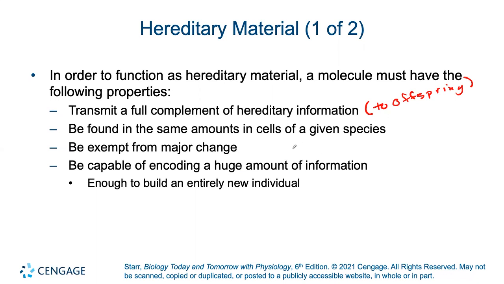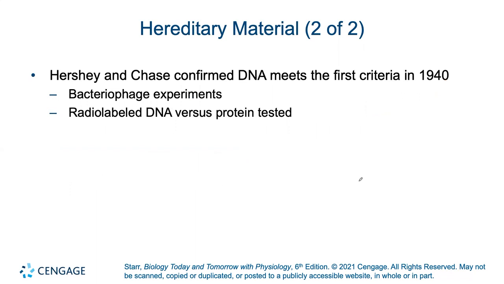It has to be capable of resisting major change, and has to be capable of encoding a large amount of information, enough to build a new organism. Okay. Hershey and Chase confirmed DNA meets the first criteria in 1940 with the bacteriophage experiments we're going to detail here in just a second, using radio-labeled DNA virus. Okay, so let's get this going.